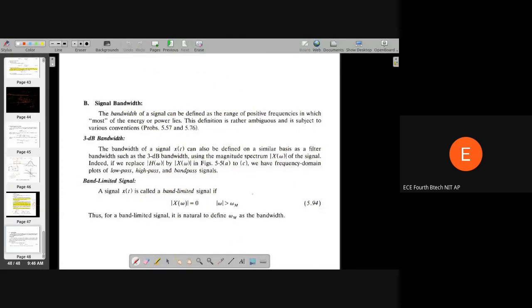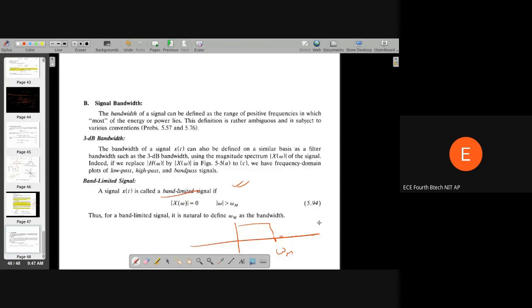Yes. What is a band limited signal? A band limited signal is simply a signal where there is a maximum frequency above which all frequency components are zero in magnitude. So it has no frequency components above that point.